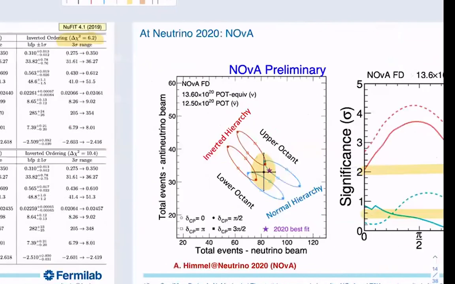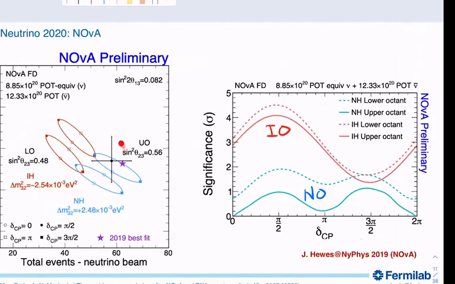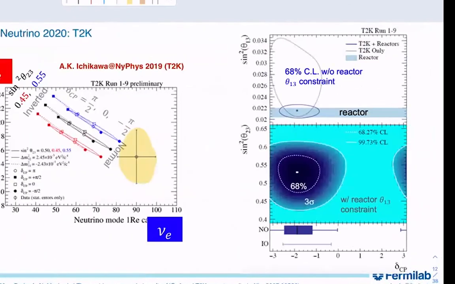If you look at NOVA, NOVA is more compatible with normal ordering, even if it's just a little bit, especially with normal ordering at 3 pi over 2, which is not so far away. And T2K was actually incompatible with the standard model. Of course, this is a 1 sigma, 1.5 sigma statement. It was incompatible with the standard model, which meant that you need to go to the extreme point, normal ordering with maximal CP violation.